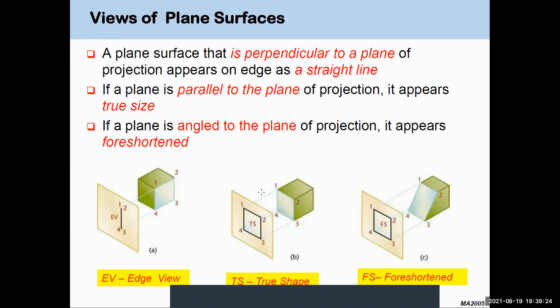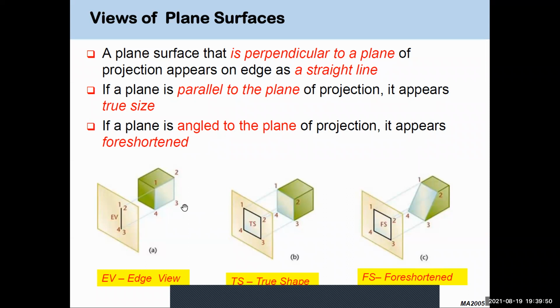A plane surface, like a flat surface, as you can see from the edge view, the first one, appears as a straight line on the plane. Now the special one is when you have a slanted edge. As you can see from C, if you look at the slanted surface from the front, it still looks like a square.